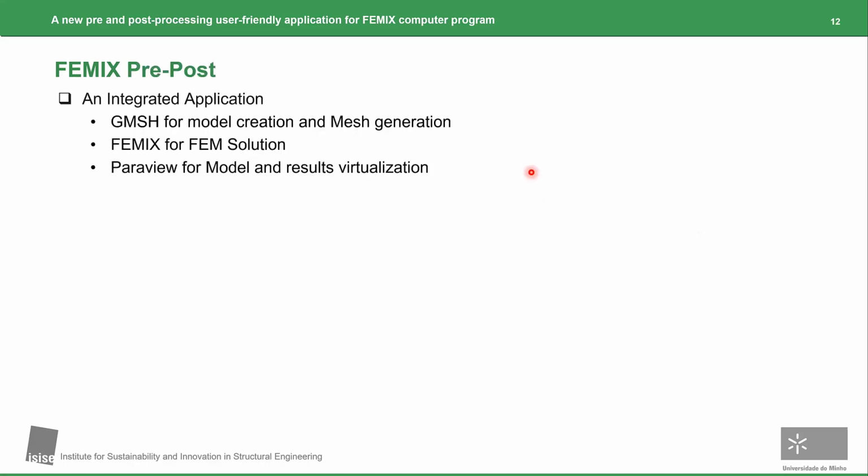But what if we had an integrated application for having all of those steps in one single interface? An integrated application which uses Gmesh for model and mesh generation, uses Femix for FEM solution, and Paraview for model and result visualization.